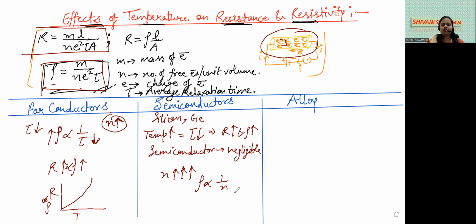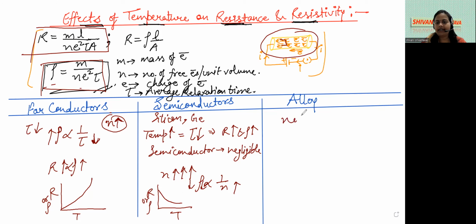That is why when this increases more and more, resistivity will decrease. So what will be the graph between resistance and temperature? Resistance or resistivity will be like this. With the increase in temperature, the resistance or resistivity will decrease.